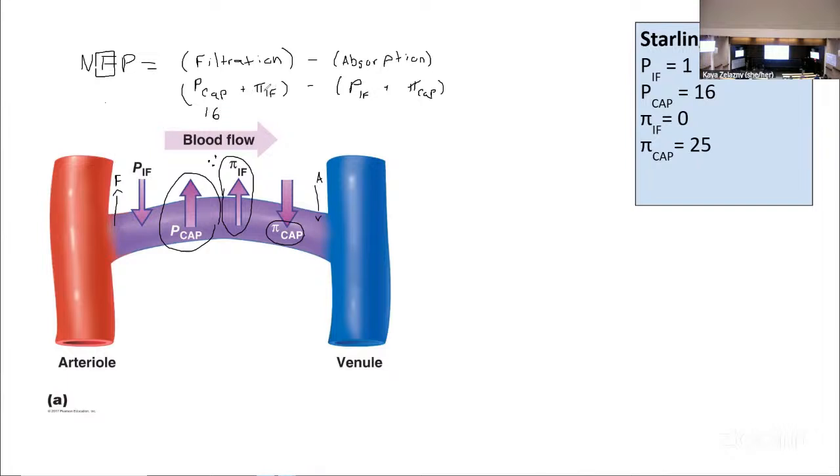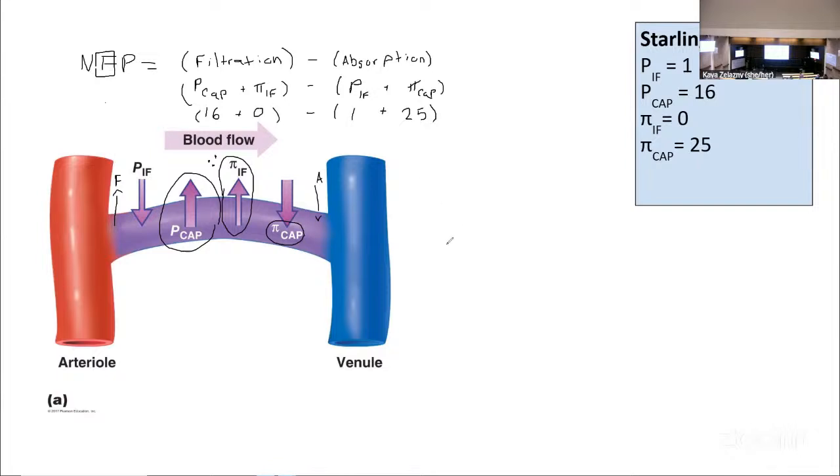Our osmotic pressure of the interstitial fluid is 0. So we have a total of 16 for our forces for filtration. Then we subtract away our hydrostatic pressure of the interstitial fluid, which is 1, plus our osmotic pressure of the capillary, which is 25. That's those proteins pulling water towards themselves.